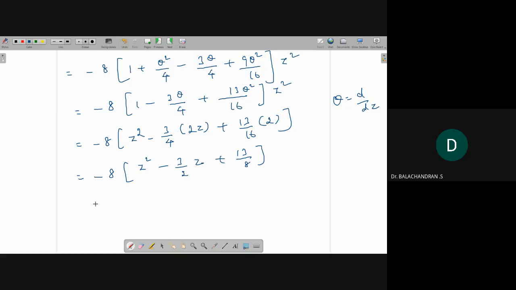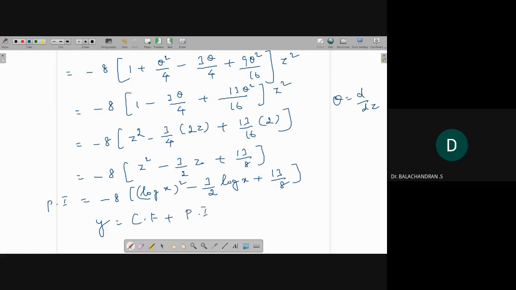Convert everything in terms of x: minus 8 into (log x) whole square minus 3 by 2 log x plus 13 by 8. The final answer, the general solution: y is equal to complementary function plus particular integral.